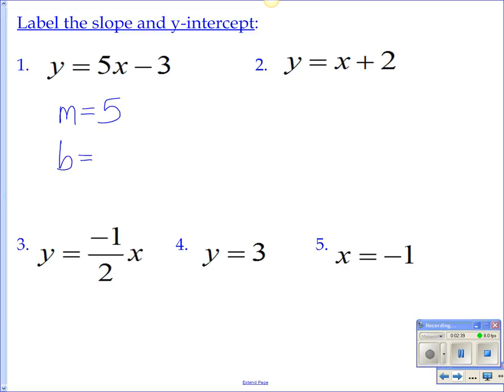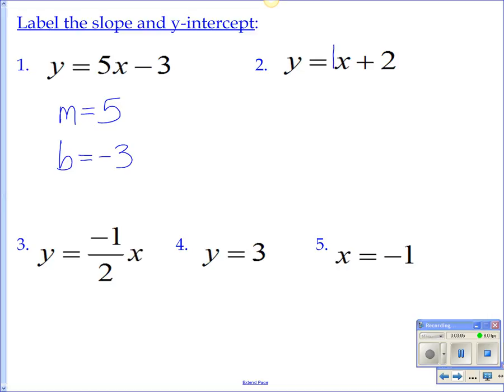B is your y-intercept. Again, they just chose a letter instead of making you write the words y-intercept every time. Is B positive 3 or negative 3? Good. B is negative 3. On number 2, remember that we always put a 1 in front of an x.